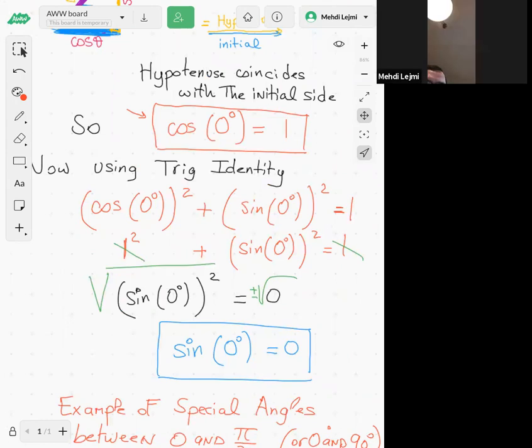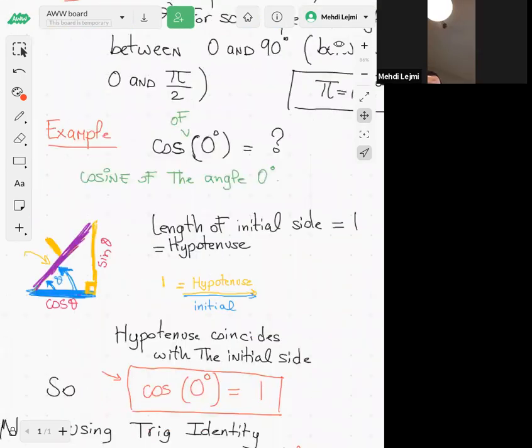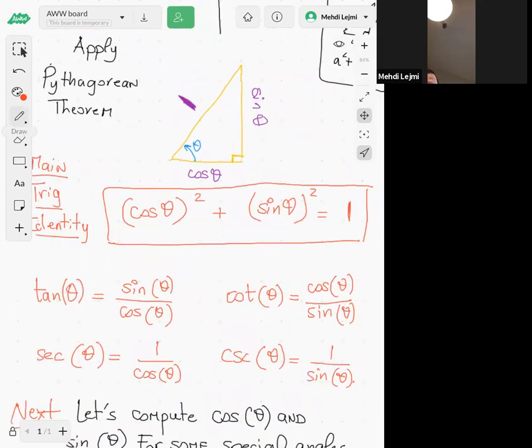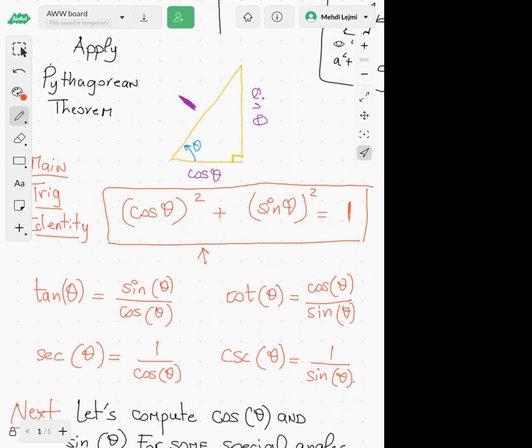That's because of the Pythagorean theorem. When you apply the Pythagorean theorem to our right triangle, where the hypotenuse is 1 and one side is sine and the other side is cosine, then by the Pythagorean theorem, cosine square plus sine square is equal to 1.